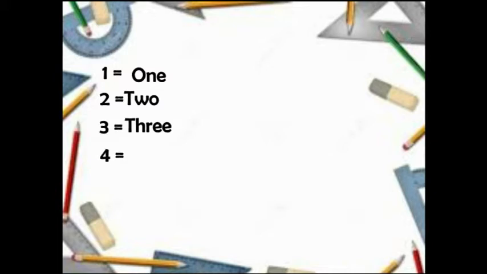And the spelling of 4 is F-O-U-R. Next one, we have the number 5. And we spell 5 as F-I-V-E. Another one, we have the number 6. And the spelling of 6 is S-I-X.